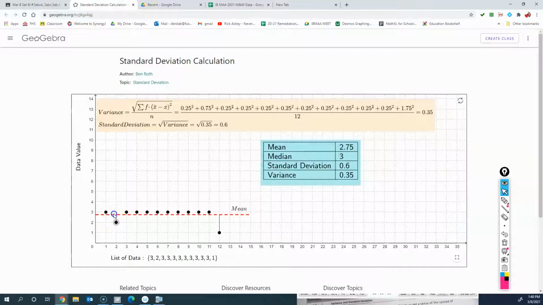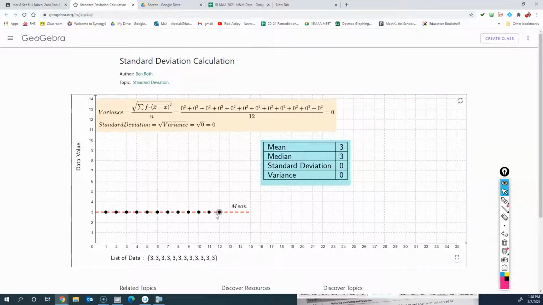So all standard deviation is describing is how far the data is from the average. Okay, now there is no standard deviation because every data point is the same as the average.